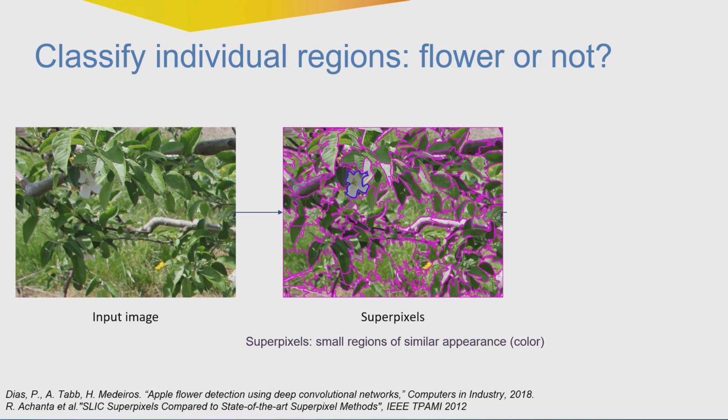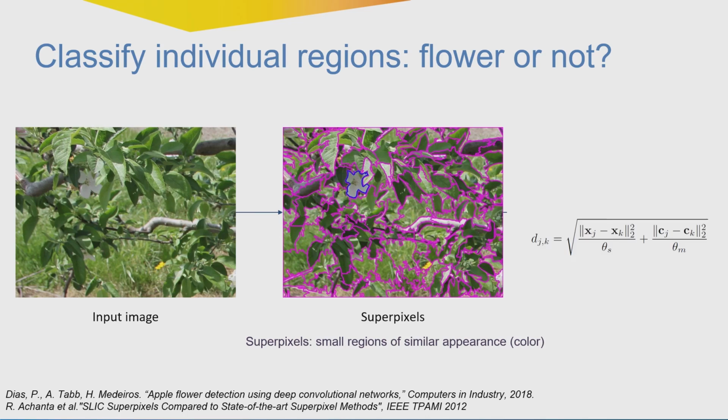One of the ways you can do that is using a concept called superpixels, which is essentially clustering together pixels that are nearby each other and share similar colors. You can have different types of algorithms trying to optimize different types of energy functions. One of the most famous ones, and one that works pretty well, is called SLIC superpixels, where the idea is very similar to the concept of k-means.